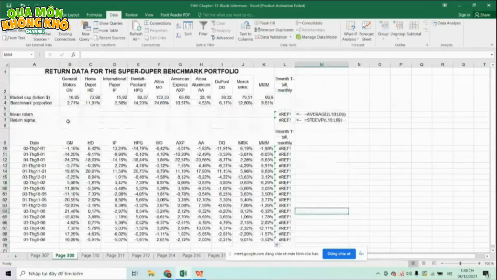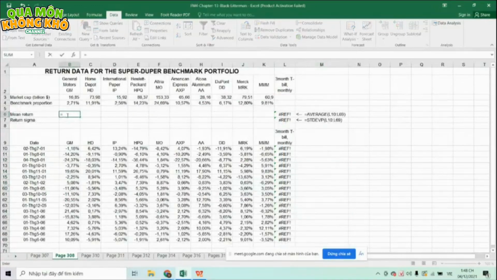Yes, and then we will calculate the mean return by the function average of this. And we do the same with other stocks.